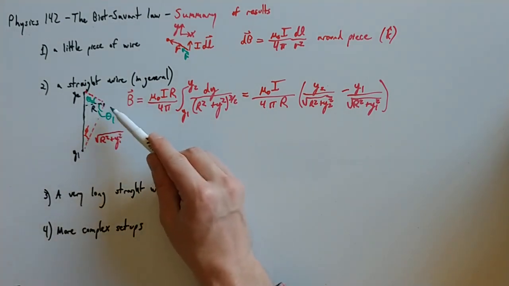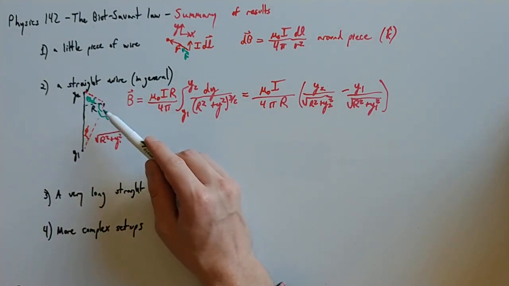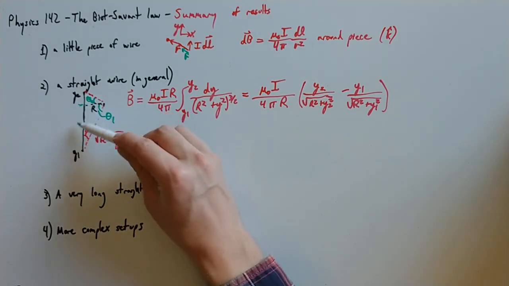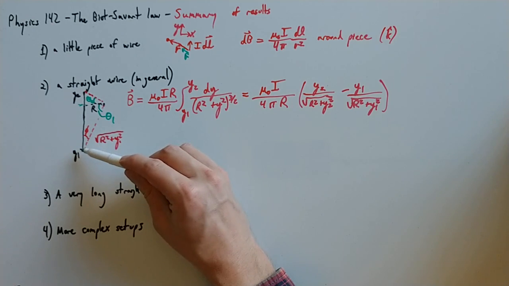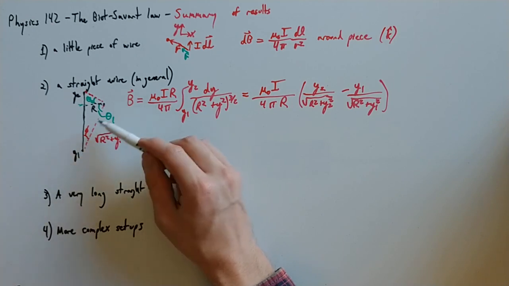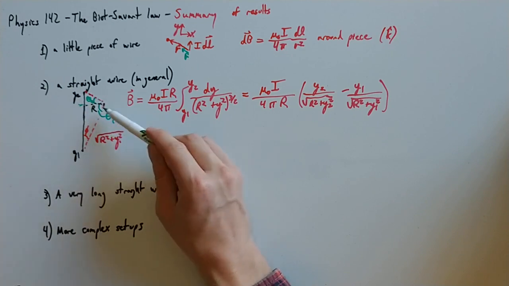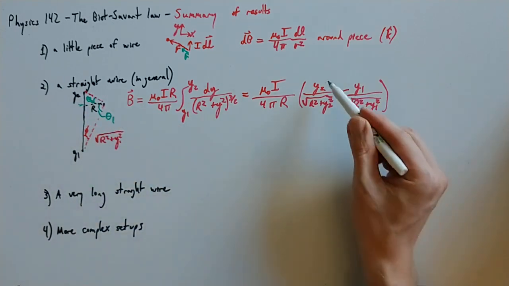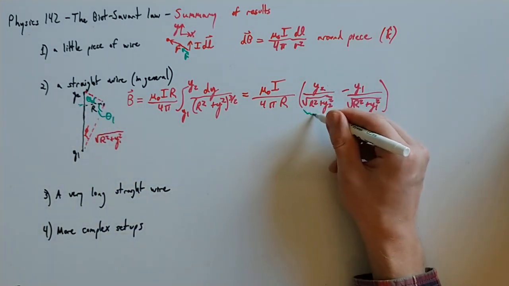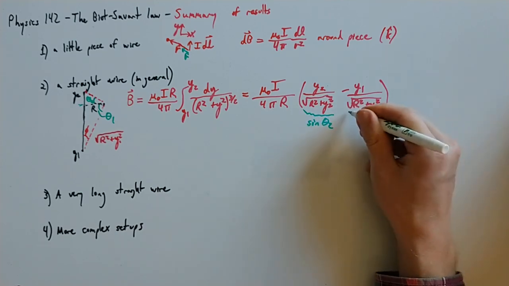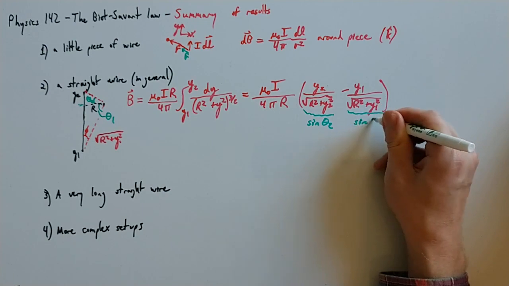If you took the sine of those angles, looking at this distance from here down to here, that would be the distance y1, and the distance from here to here would be y2. The sine of those angles is actually just these terms: we could write this term as sine of theta 2, and this term as sine of theta 1.